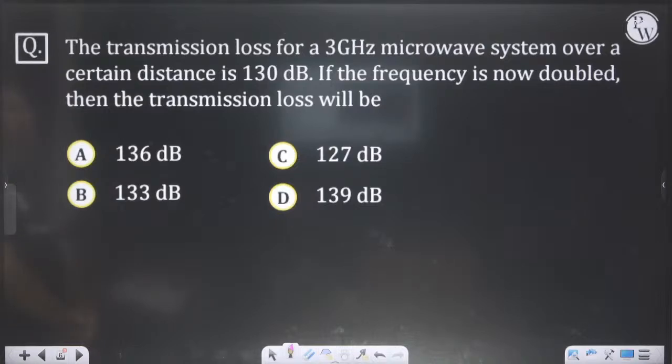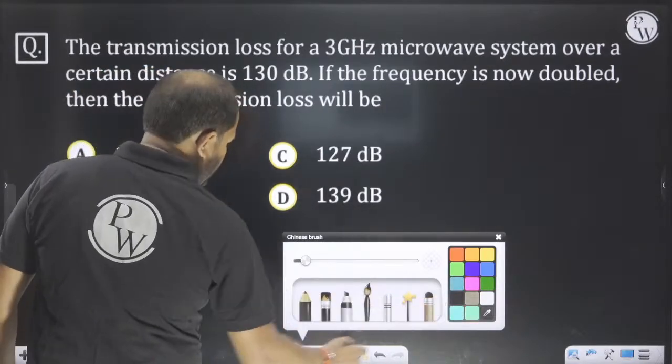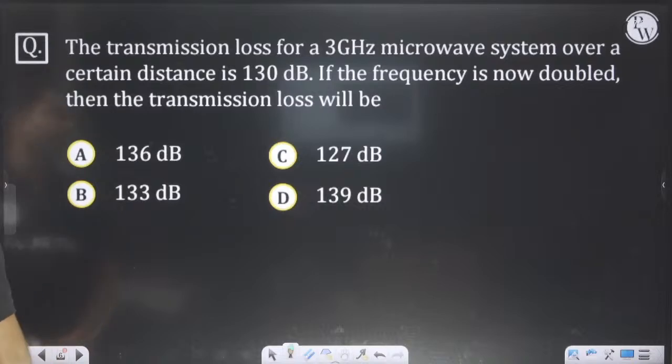A transmission line has a loss of 130 dB over a distance at 3 GHz microwave frequency. If the frequency is now doubled, the transmission line loss will be? So they are asking the transmission line loss. We know that transmission line loss depends upon the square of frequency.